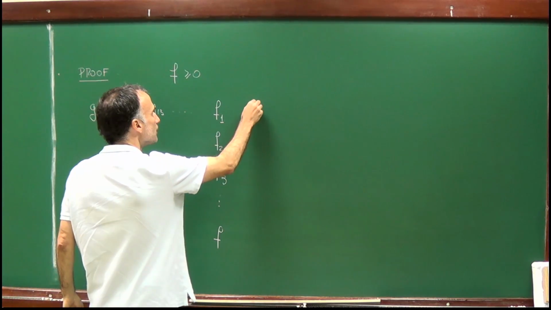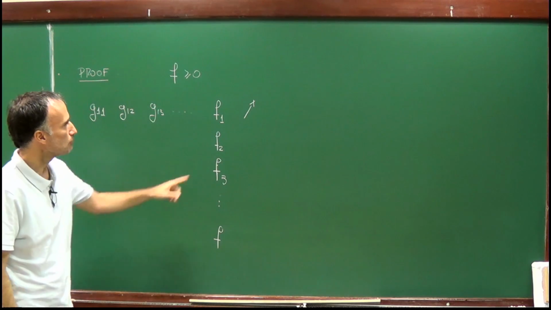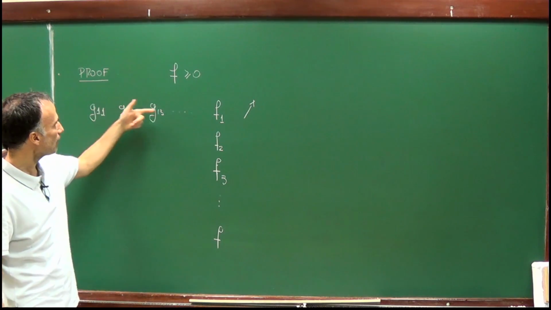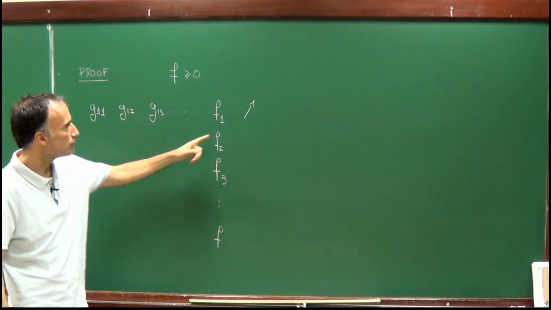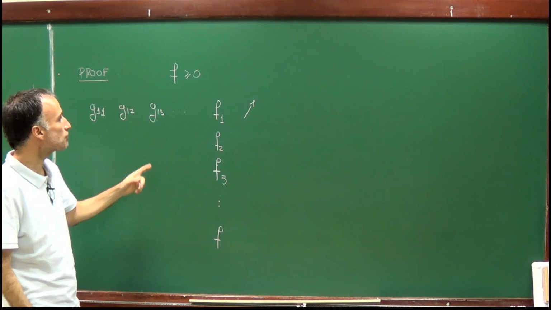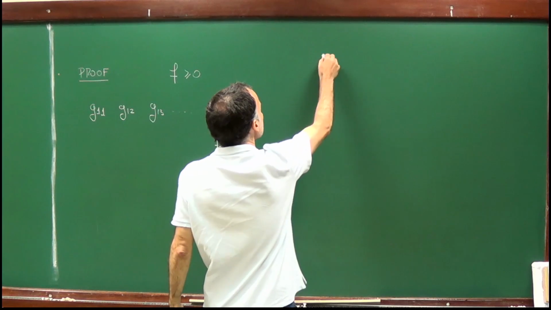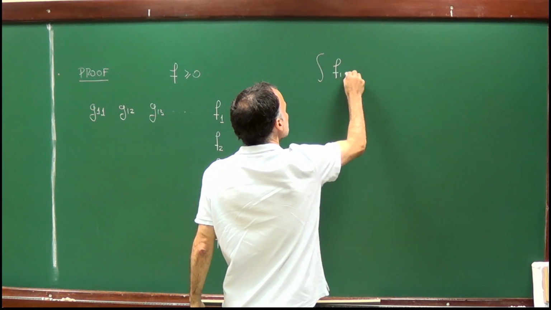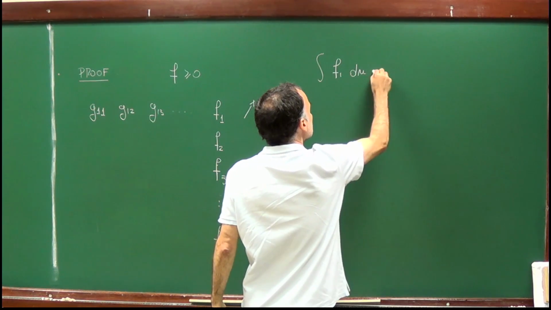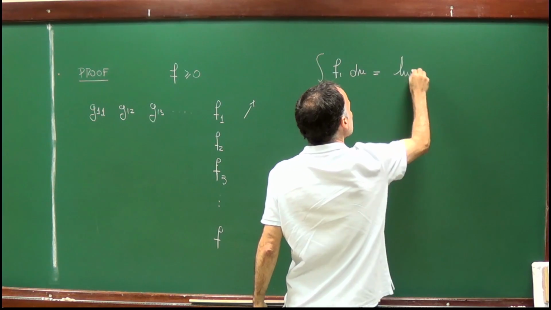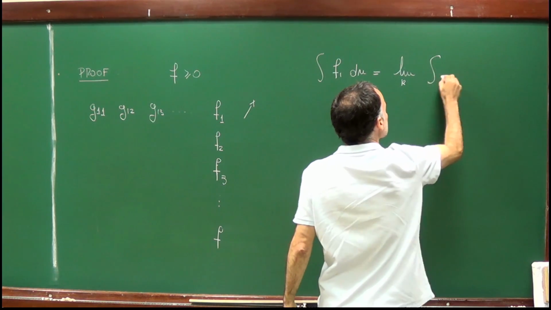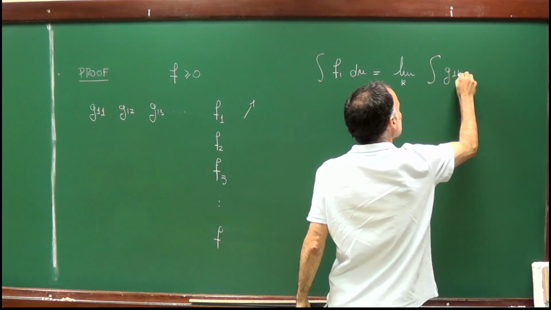I will represent that by saying that, if I follow the line, I have an increasing sequence of simple functions which are increasing to f1. And so ∫f1 dμ is equal to the limit in k of the integral of g1k dμ.